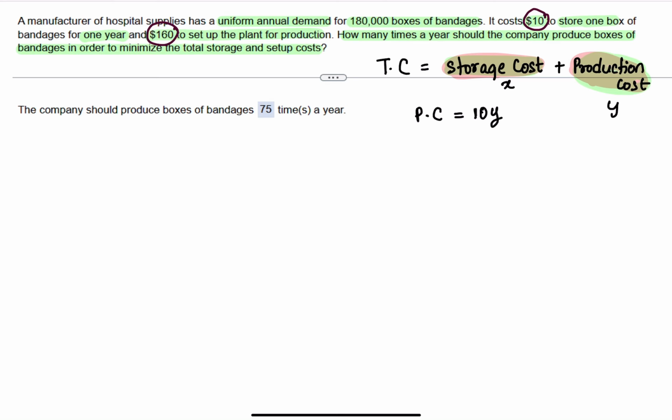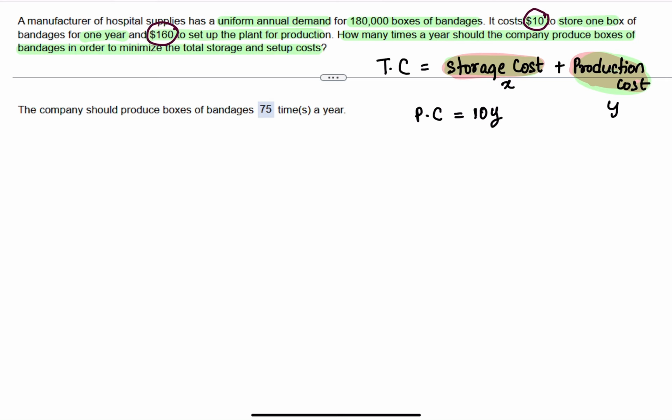I want you to pay attention here because this is the assumption that you make for all these inventory problems. If there are X bandages produced in each production, so if you produce once, you're going to have X. If you produce twice, you're going to have 2X. If you produce 3 times, 3X. If you produce 4 times, 4X. So that's the number of boxes that you're producing per production run.